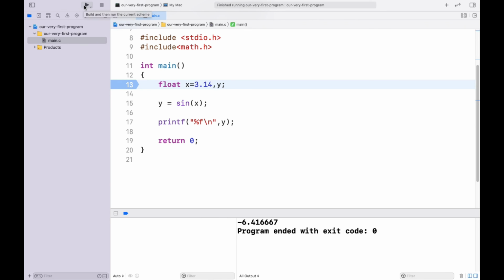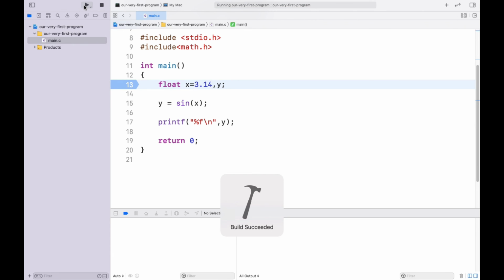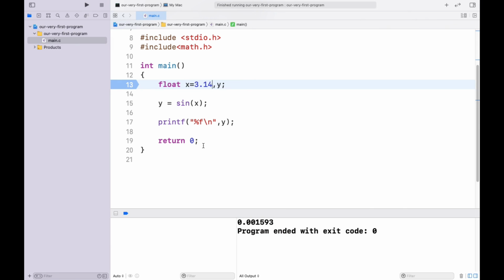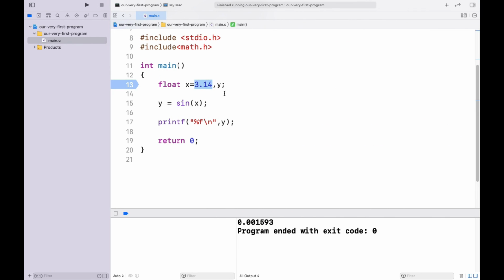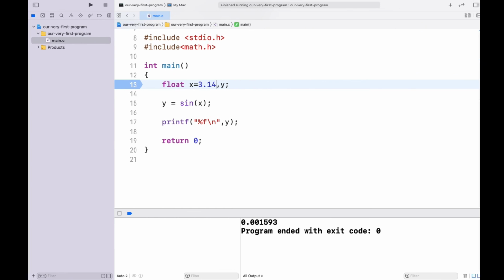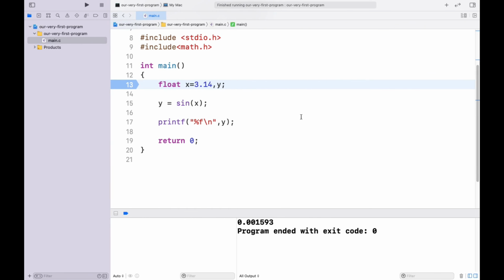Sin pi is 0, so we should expect an answer of 0 or near 0. So we are getting 0.0143 because it is not the exact value of pi itself. If you are going to increase the decimals, or the accuracy of the value of pi, then you are going to get 0 itself here.